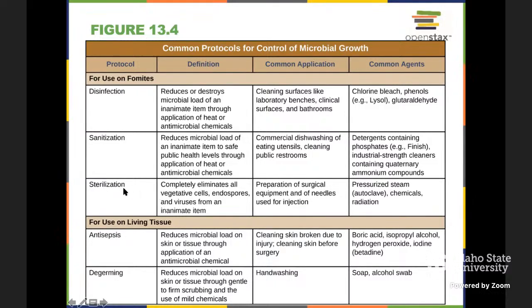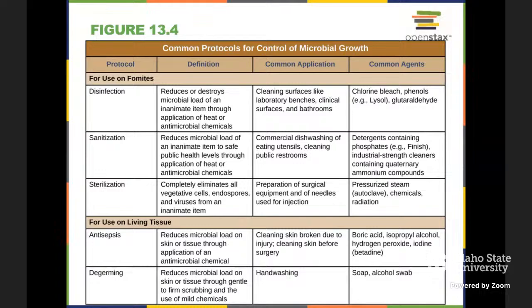But with that, I'm going to start at sterilization and then we'll work backward. We think about the complete removal of organisms: killing all vegetative cells, killing those organisms that have the potential to form endospores and killing those spores as well, and also viruses. So getting rid of it all, right?